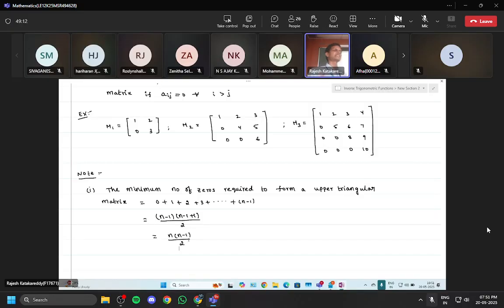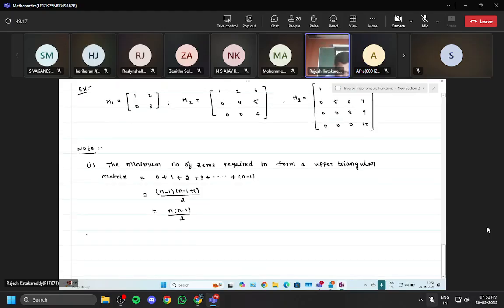Now tell me guys, what is the answer for the second one? The maximum number of non-zero elements we can take.